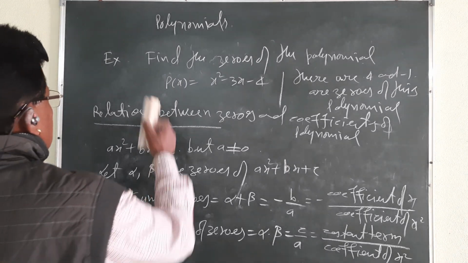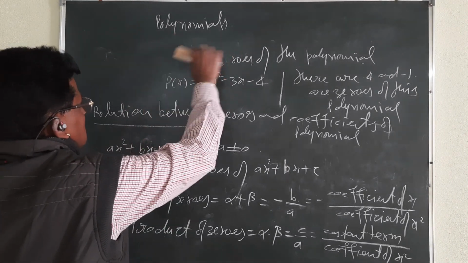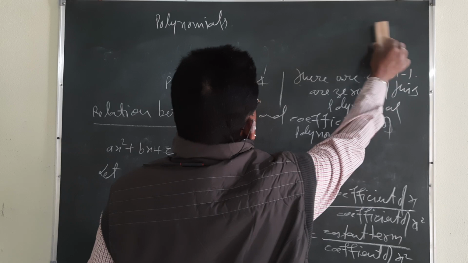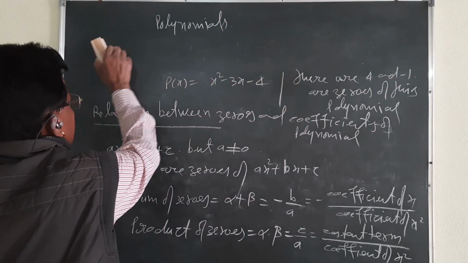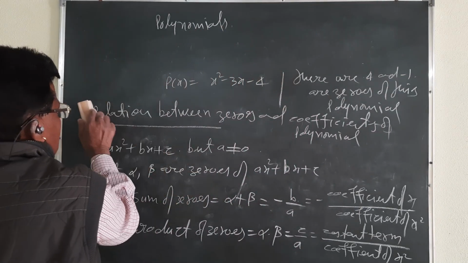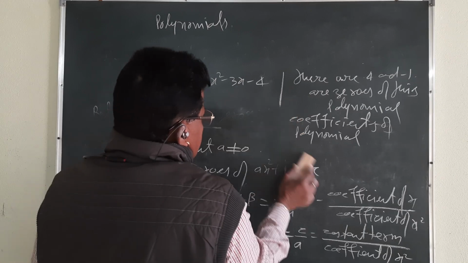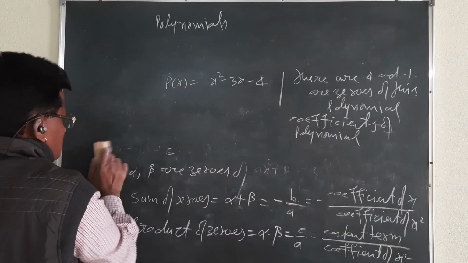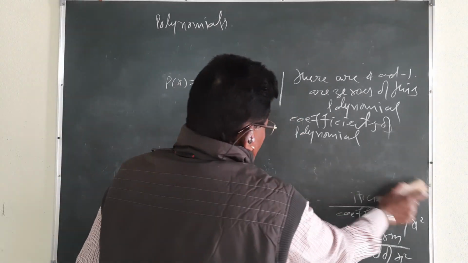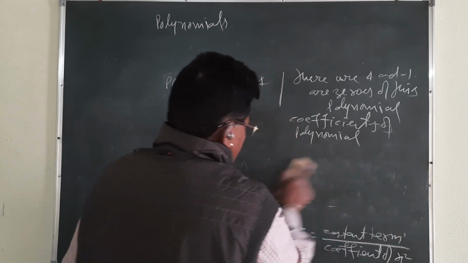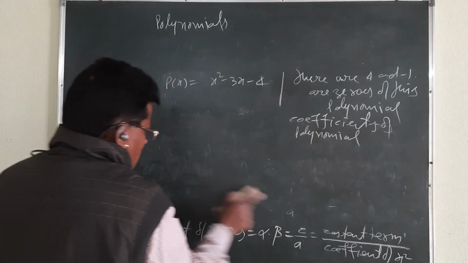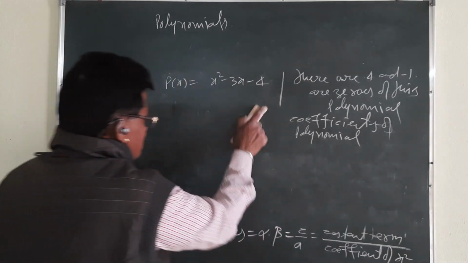I am just going to write it over here. Same question I am taking. I am not going to remove it because we already got its zeros. Zeros you know, that is 4 and minus 1.